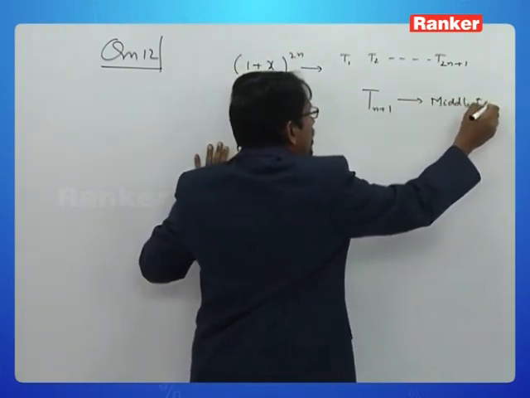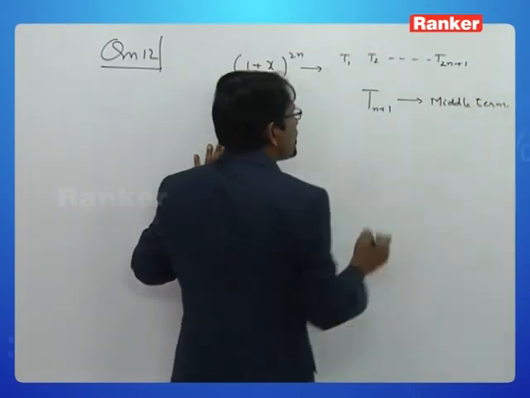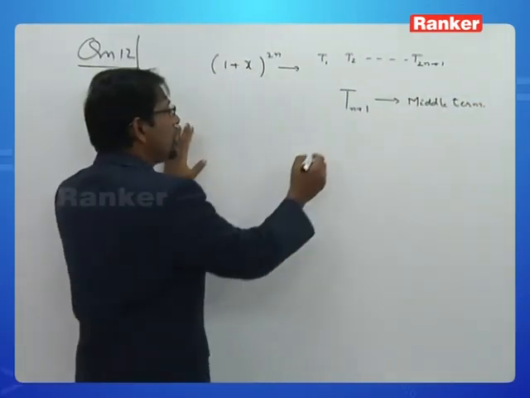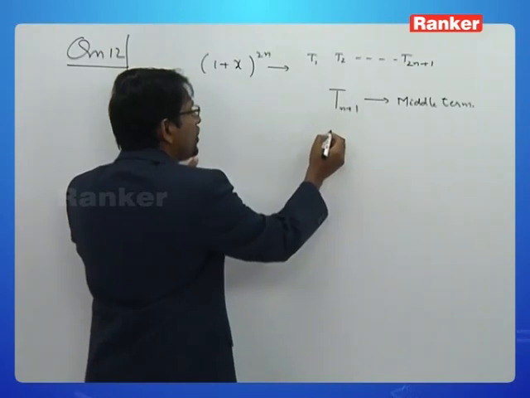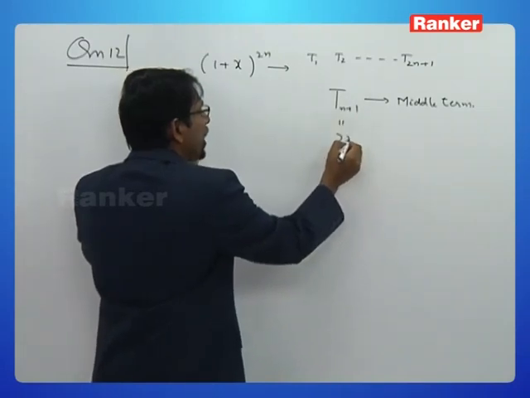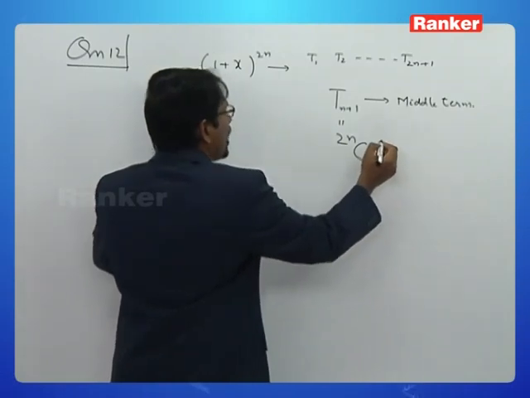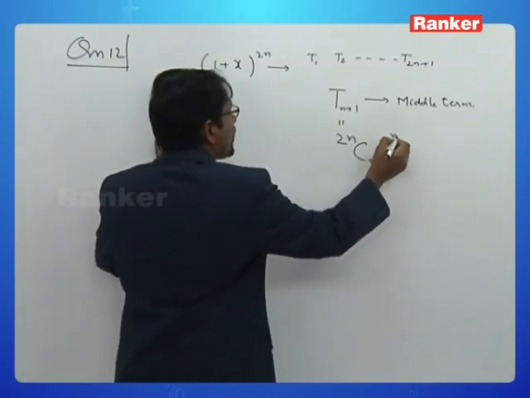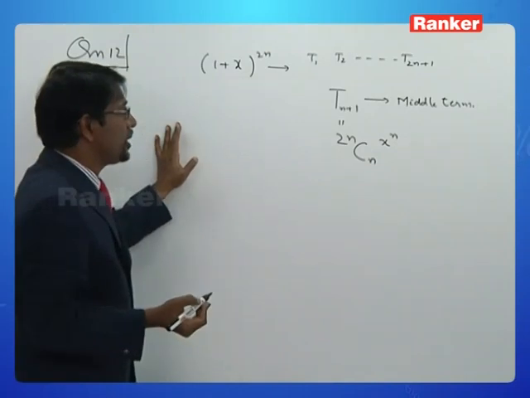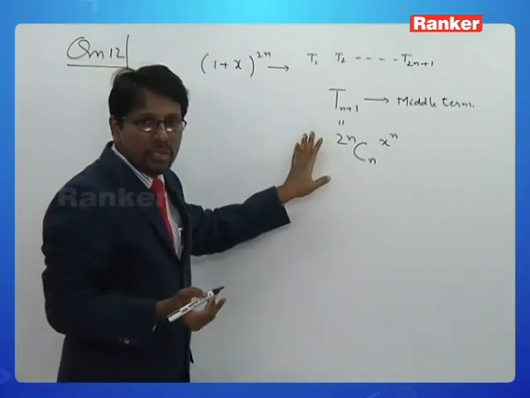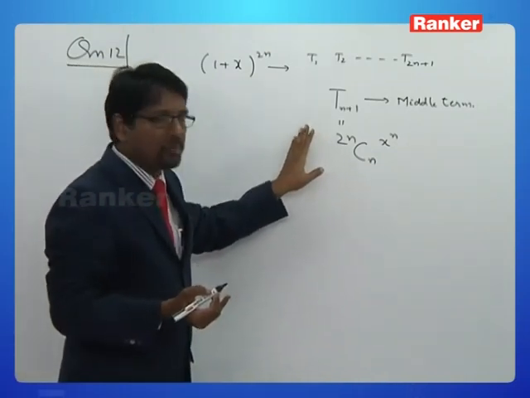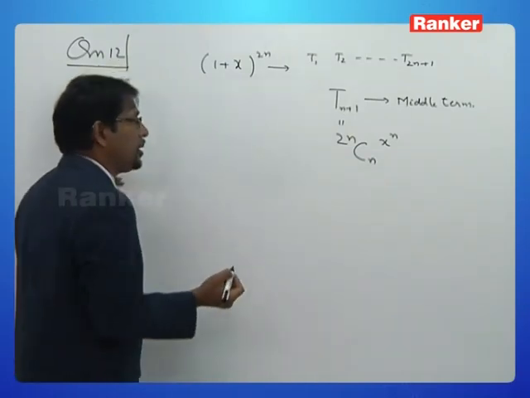But what is the middle term in this expansion? So, r is equal to n, that is equal to 2nCn x to the power n. That is the middle term. He says that this is the numerically greatest term. So, what should have happened?